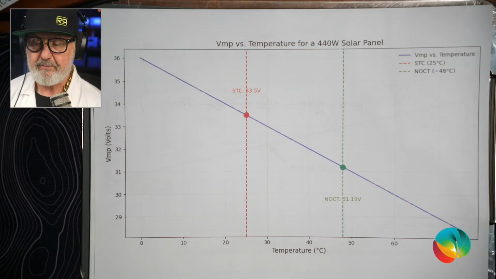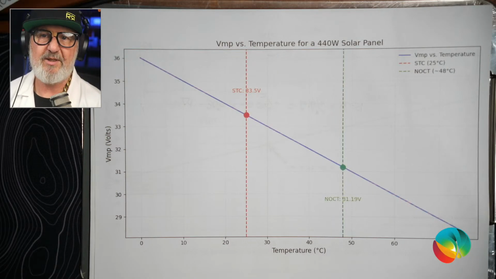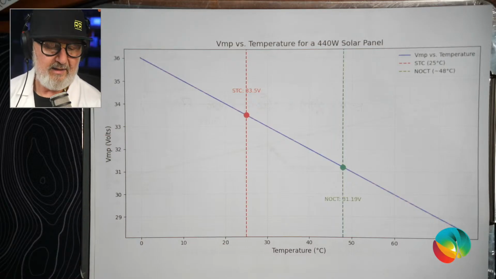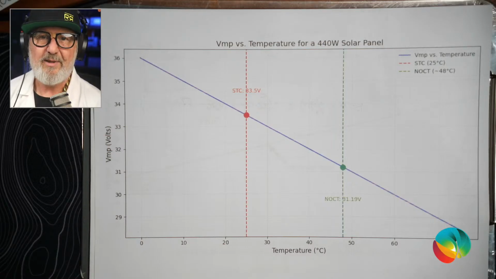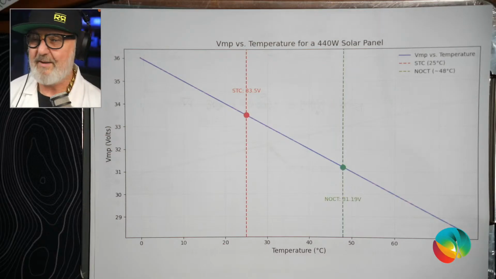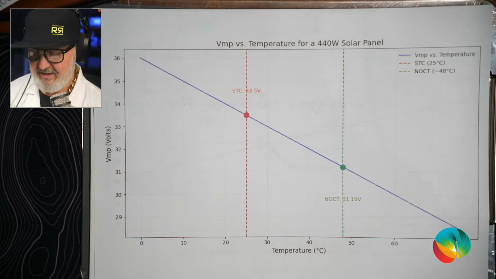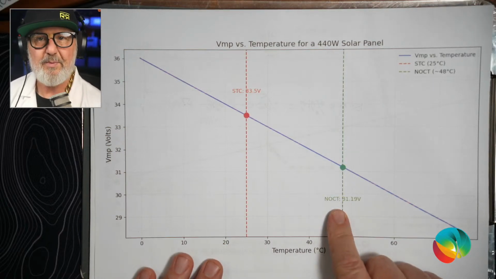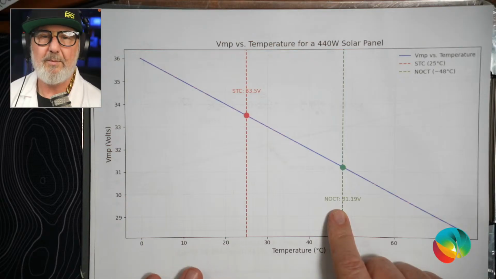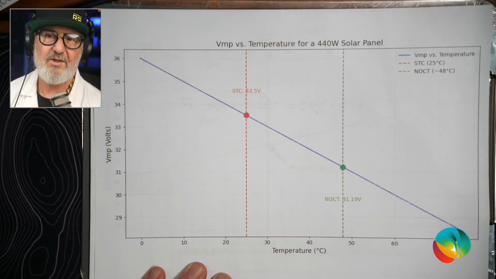So assuming a summer's day in southern Germany, it's a beautiful hot 25 degrees. Though I shouldn't joke because actually they've been having heat waves. So yeah, it's been pretty hot. So that's what NOCT is, more typical of operating conditions than standard test conditions.